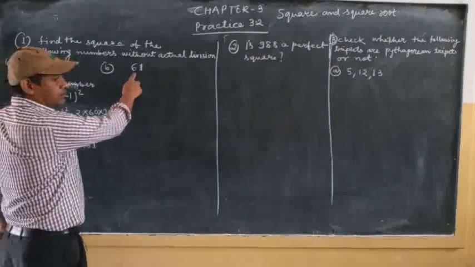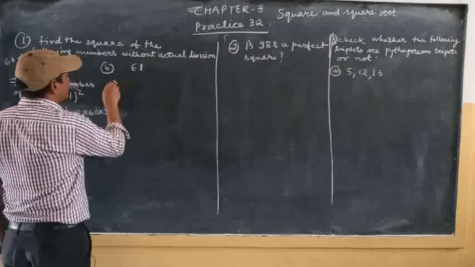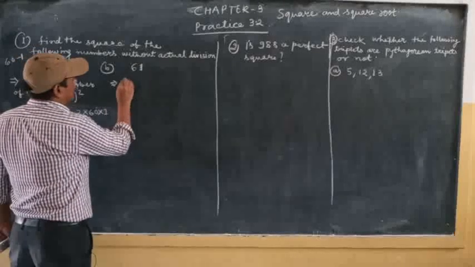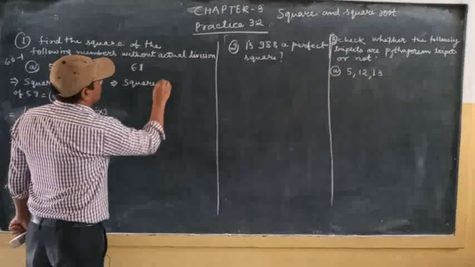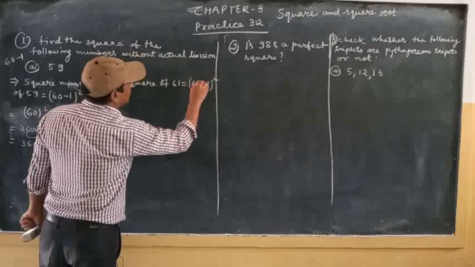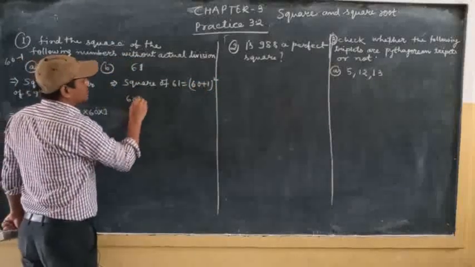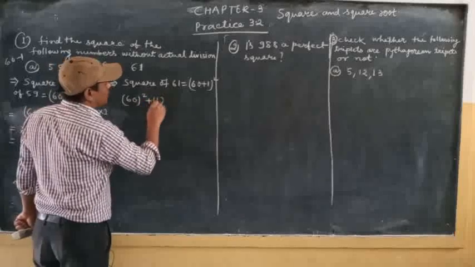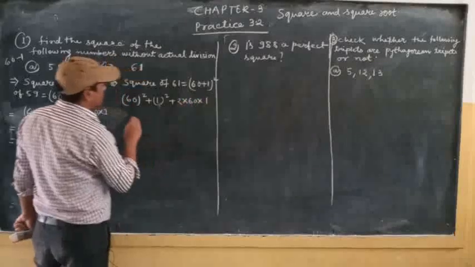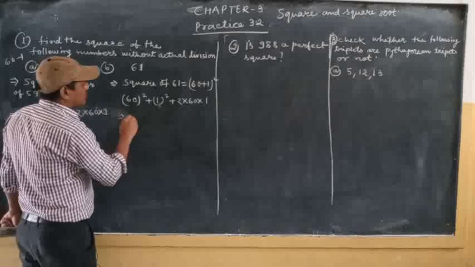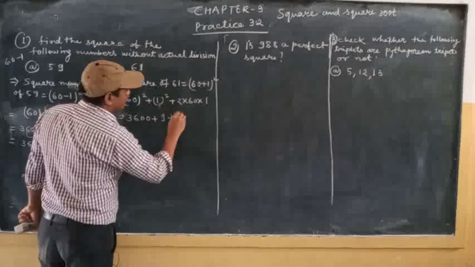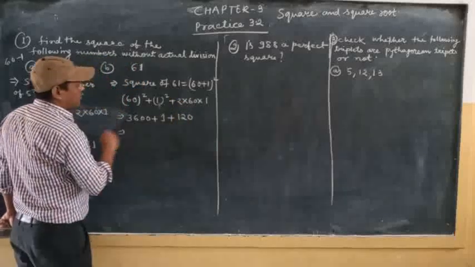Now there is one more question of this type. We have to find the square of 61. In order to find the square of 61, we write this number as 60 plus 1. So 60 square plus 1 square plus 2 into 60 into 1. 60 into 60 is 3600, plus 1, plus 2 into 60, which is 120.